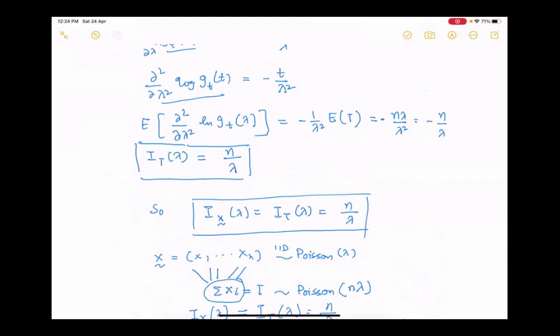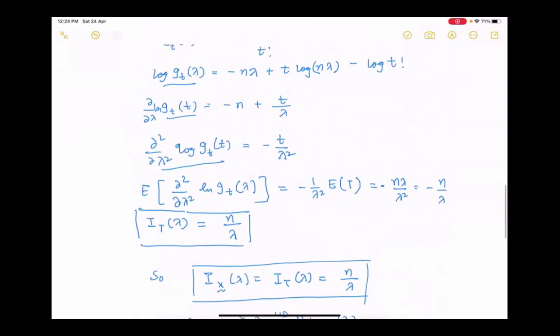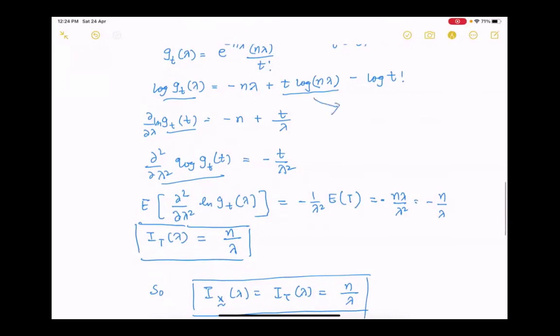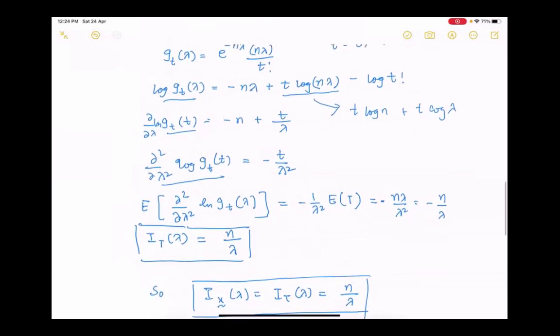Yeah, intuitively that is what we can think of, but there is a scaling effect working here, because you can write it as t log n plus t log λ. Then when you're differentiating with respect to λ, the first part will be 0.